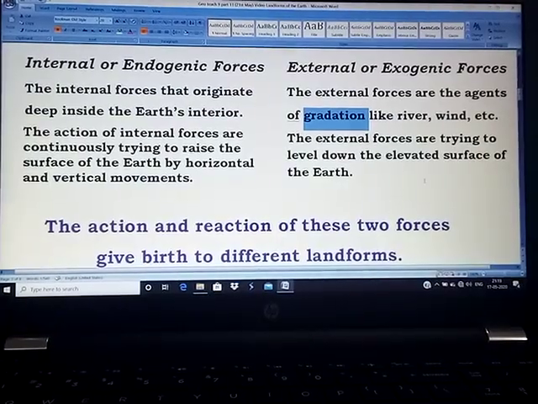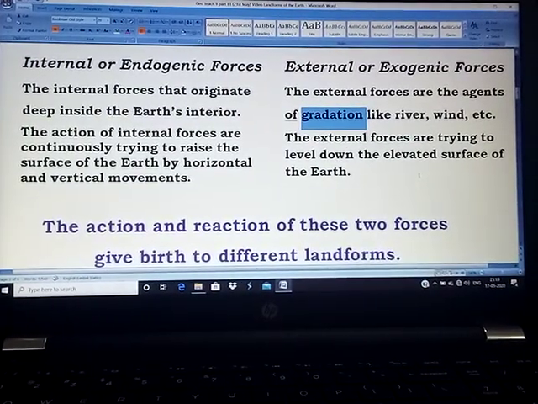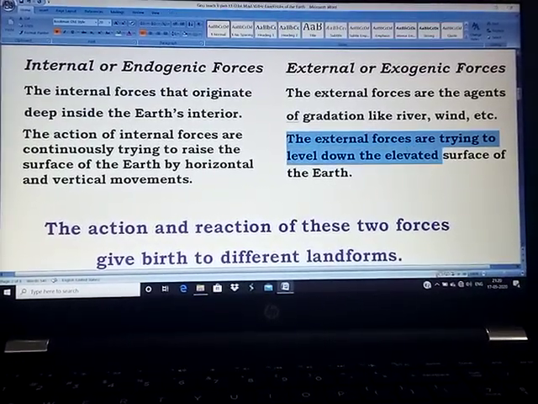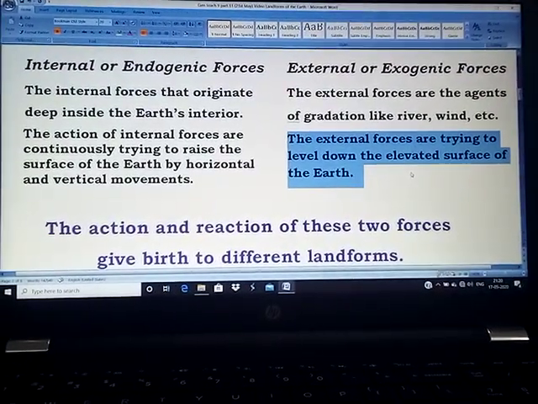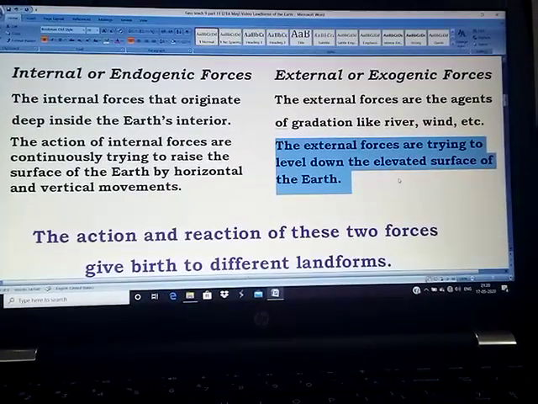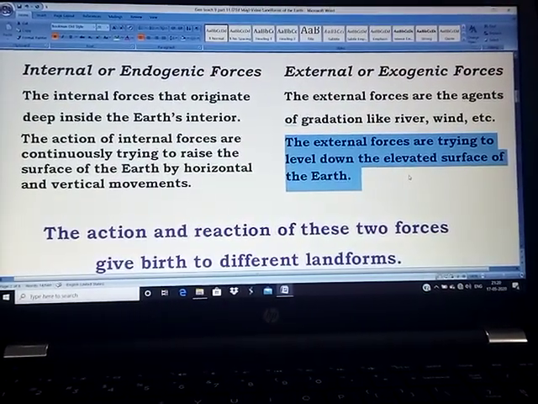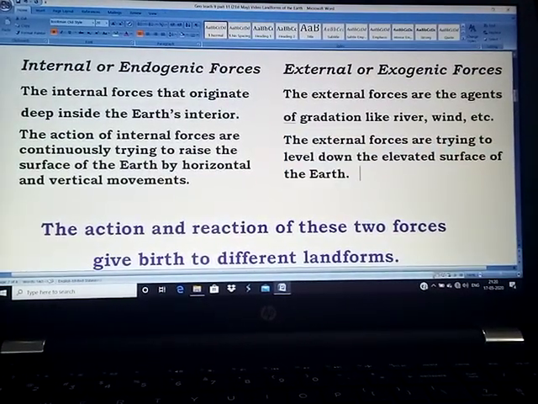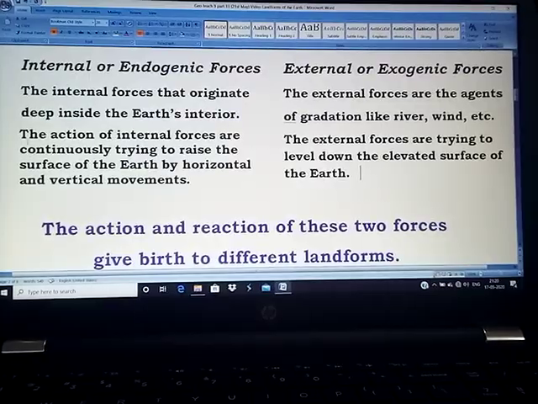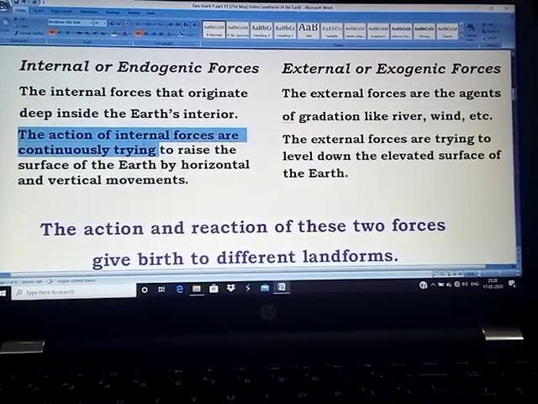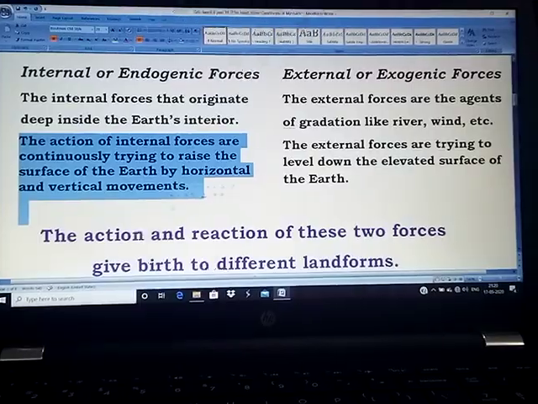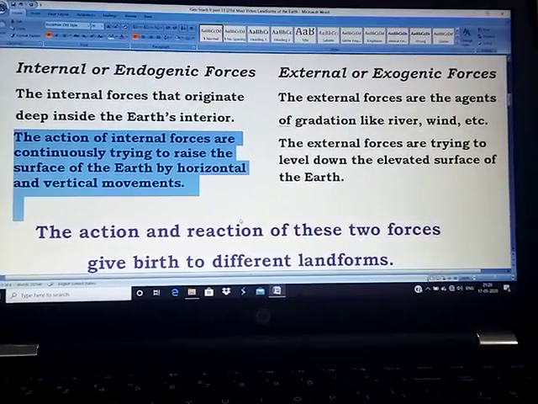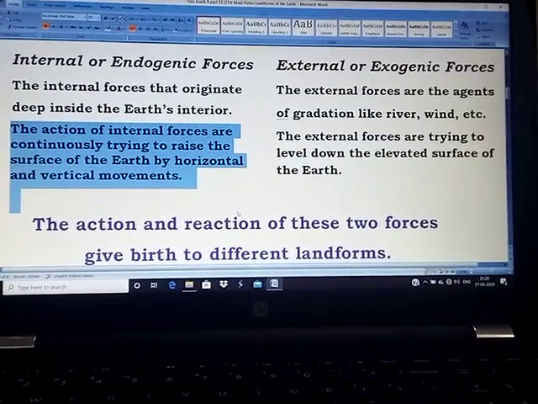What do the external or exogenic forces do? The external forces are trying to level down the elevated surface of the earth. That means they are always eroding, making the height lesser and lesser. On the other hand, the internal forces are continuously trying to raise the surface of the earth by horizontal or vertical movements.